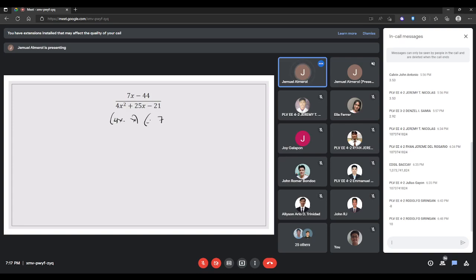Dito, negative 3. Nakuha ba natin yung 25? 28 minus 3. 25 na. Lagyan na natin dito. 7x minus 4 all over 4x plus 3 times x plus 7. 4x minus 3 to.